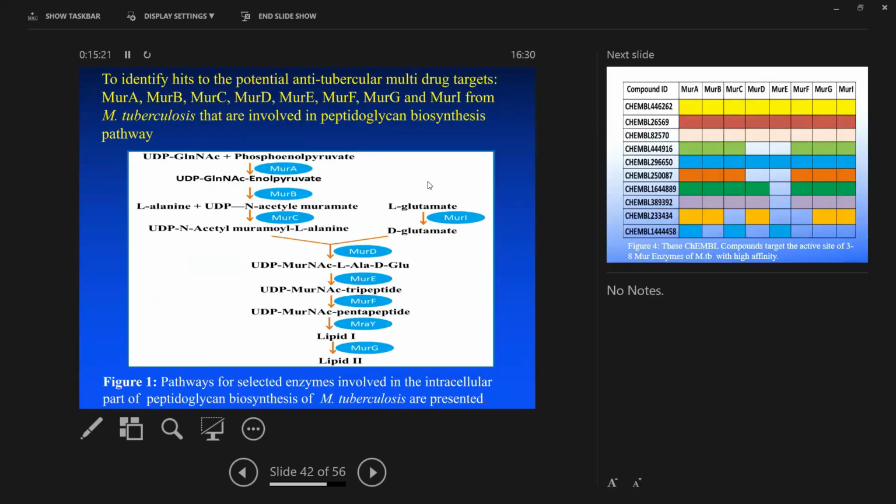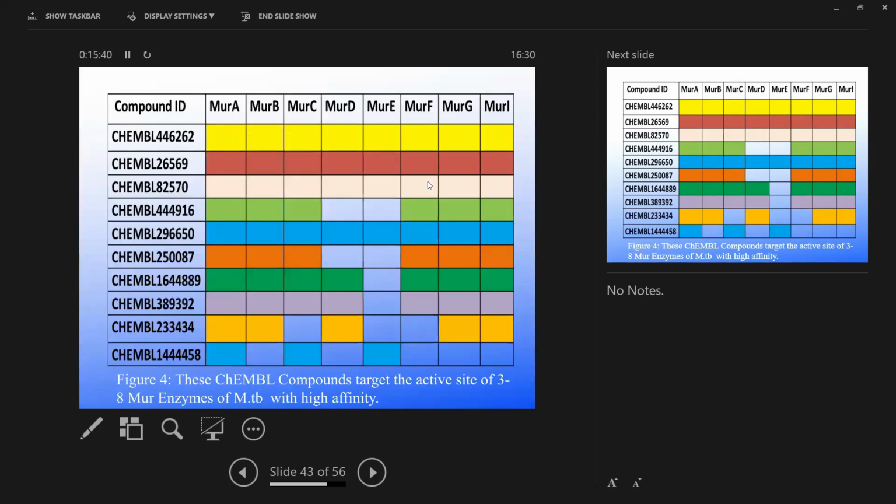And then we tried to design multi-targeting inhibitors, where more enzymes are involved in mycolic acid synthesis, which is part of peptidoglycan synthesis. We tried to screen all the antimalarial and anti-tuberculosis molecules to find the molecule which can inhibit many targets. The Mur enzyme series, and we published a couple of papers.